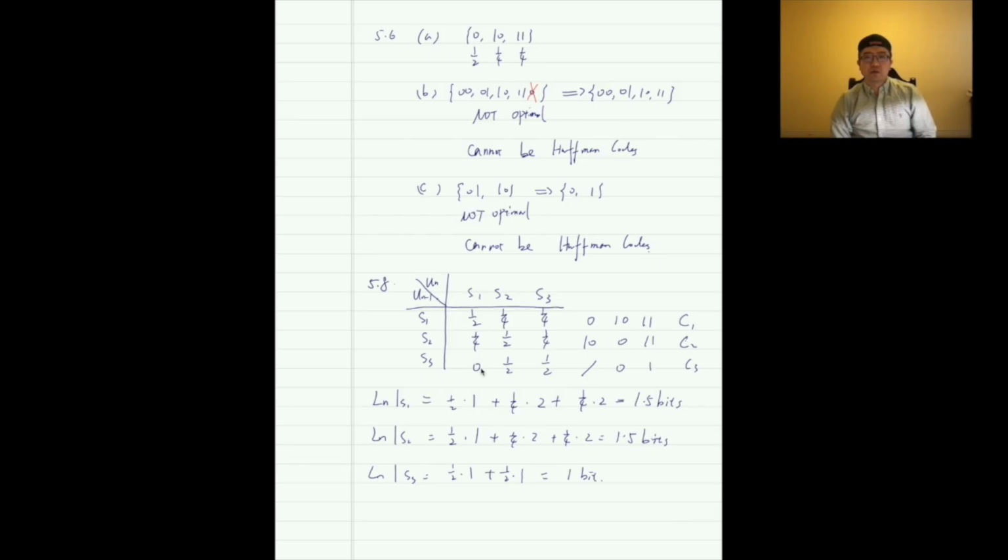All right, great. This is a conditional average length. Now when you want to compute the unconditional average length, we need to compute the stationary distribution of the Markov chain. Again, we use the transition probabilities: 1/2, 1/4, 1/4; 1/4, 1/2, 1/4; 0, 1/2, 1/2.